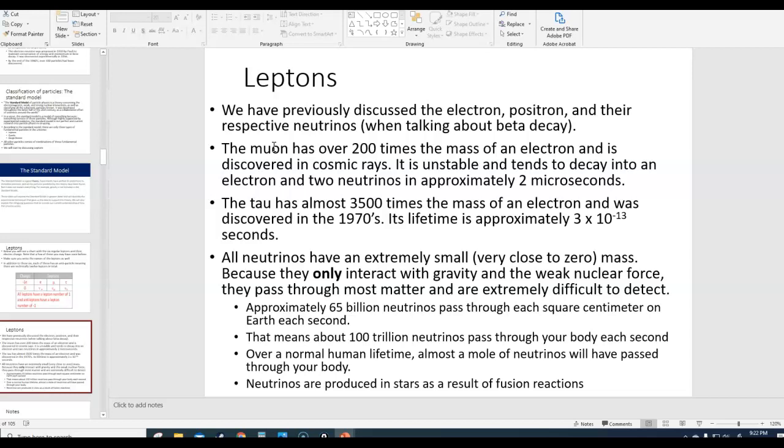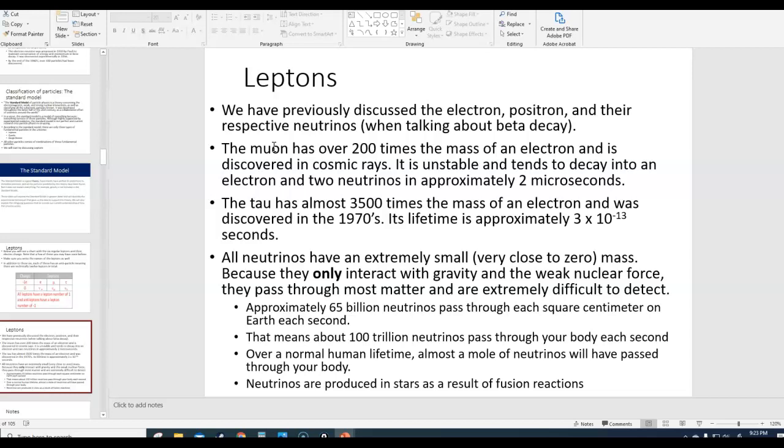It tends to decay into an electron and 2 neutrinos in approximately 2 microseconds, which is a very short amount of time, but it is measurable, and without getting into too much detail about how you can measure something that exists for such a short amount of time, it has to do with the fact that muons in cosmic rays tend to move pretty fast, and because of relativity, the faster they move, basically the longer it takes for them to decay, and so we're able to measure muons in cosmic rays, even though a muon on its own would decay in about 2 microseconds if it was not moving.